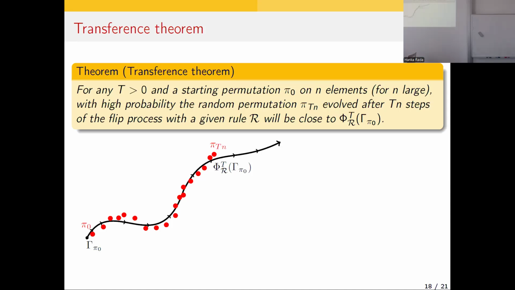So the trajectory is close to what the permutations do in the process.